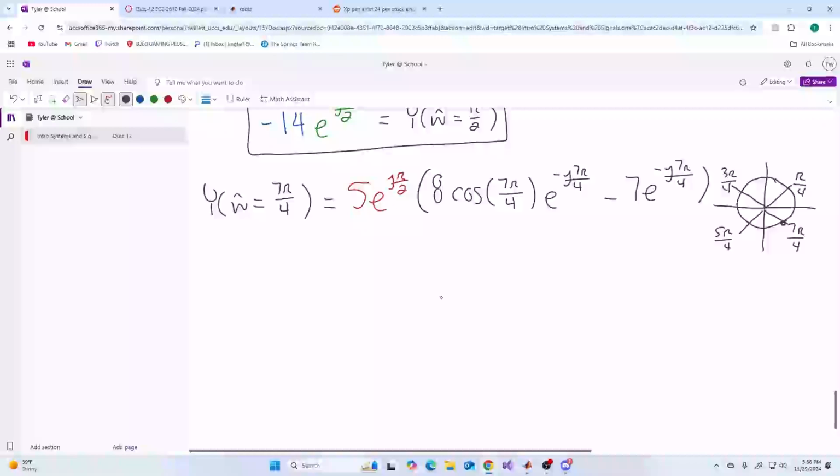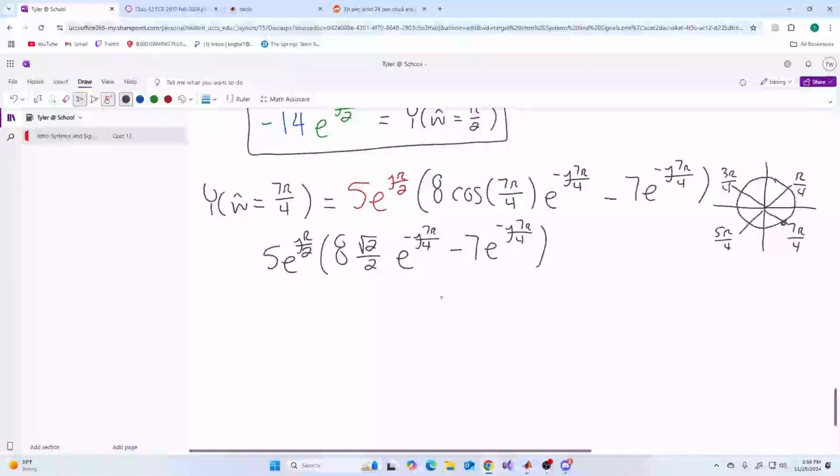Well, the cosine of 7 pi divided by 4 is square root 2 divided by 2, and a positive, by the way. So I'm just going to rewrite that. 5e to the j pi divided by 2 times 8 square root 2 divided by 2 e to the negative j 7 pi divided by 4 minus 7e to the negative j 7 pi divided by 4.